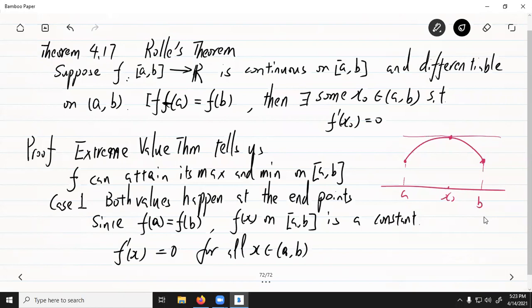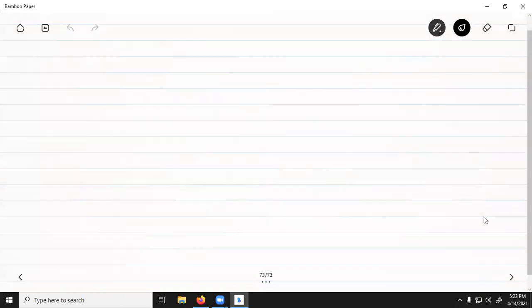Let's look at the next case. Next case says, okay, at least one of these two values occurs somewhere between A and B. Okay, that's case 2. At least, then we conclude all the cases, right?